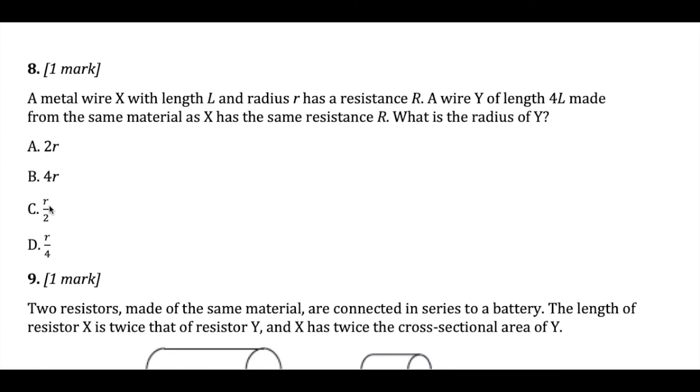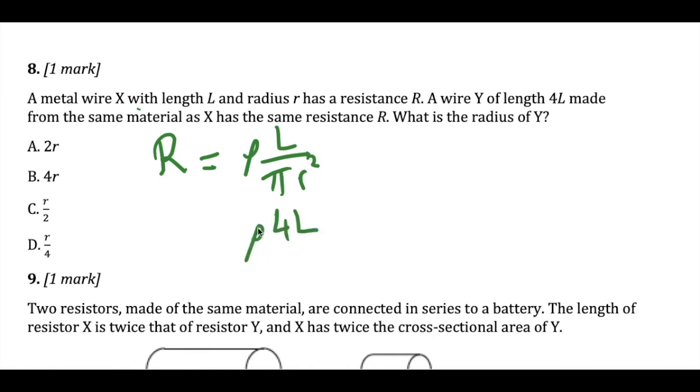We have again 2 wires. Let's write an expression for resistance of X, which will be pi r squared. A wire Y made of 4L, same material, and again its resistance is 1R, and we don't know its radius.